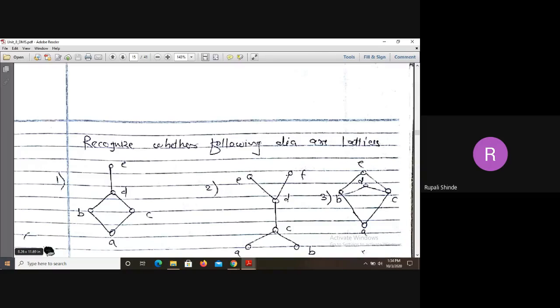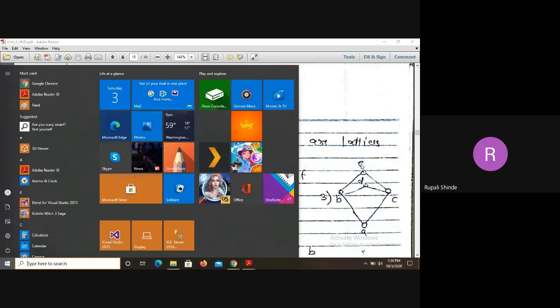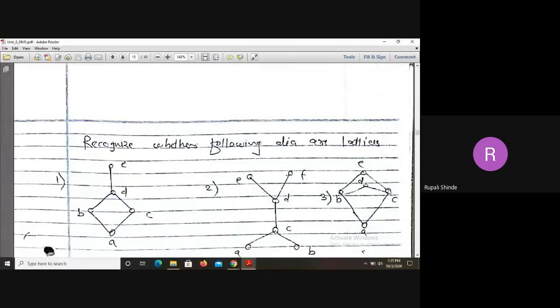Can we define it? There exist two greatest lower bounds for E and D, and these two elements are B and C. These are two greatest lower bounds, but there is no least upper bound for these two elements.